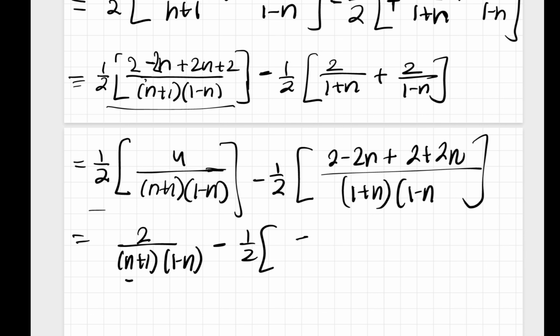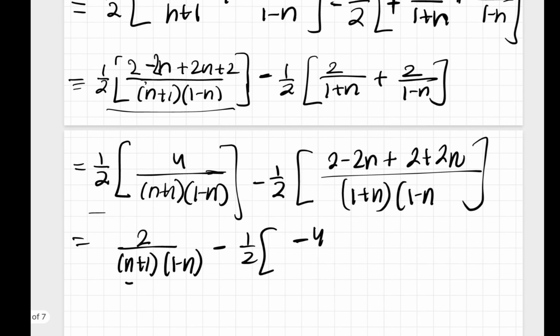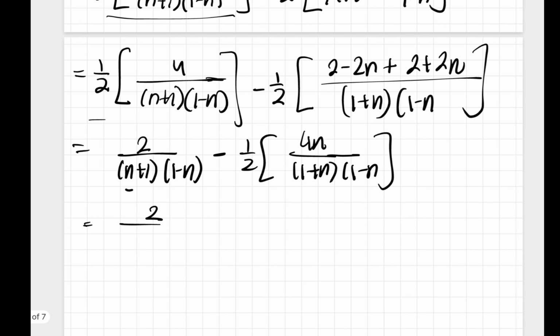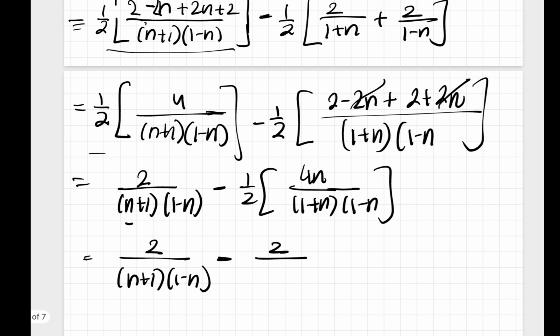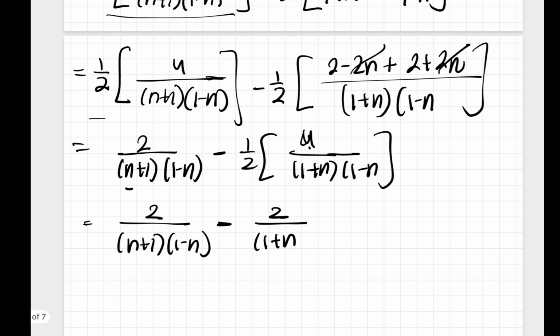Here we get 4n, 1 minus n, 1 plus n, 1 minus n. This stays the same since we've already simplified that. This is equal to 2. Oh, there is no n. These n's got canceled out. This is 2, 1 plus n, 1 minus n, which is equal to 0.